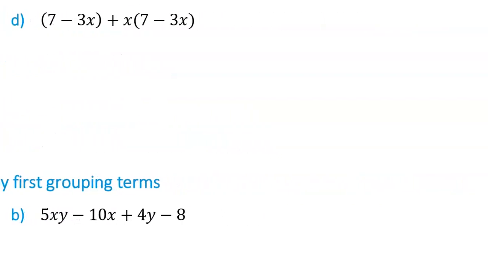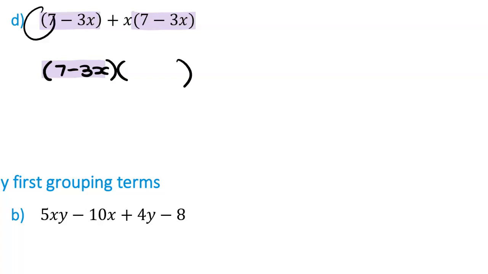Okay, final example of this. We've got 7 minus 3x and 7 minus 3x. So we're going to then write our common factor of 7 minus 3x. Now we need to scoop up what was left behind. Oh no, what's in front of this? Hopefully you can see that it's like we've got an invisible 1 here.